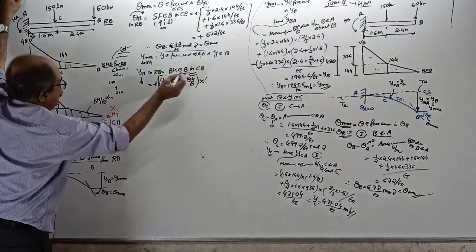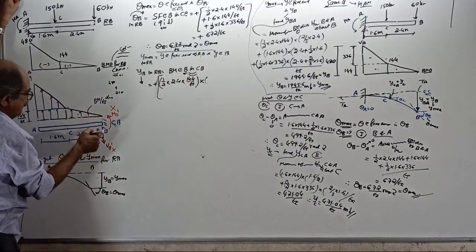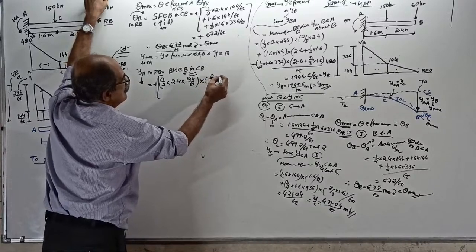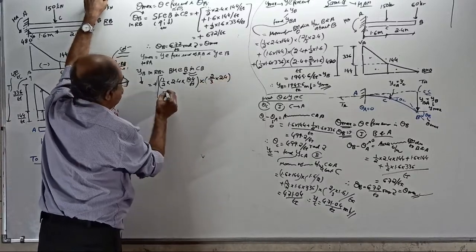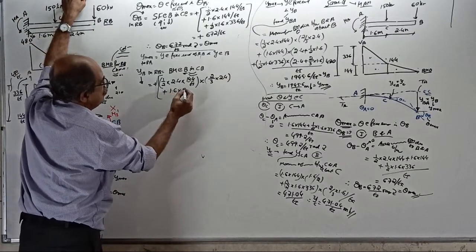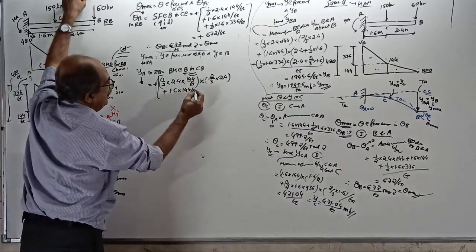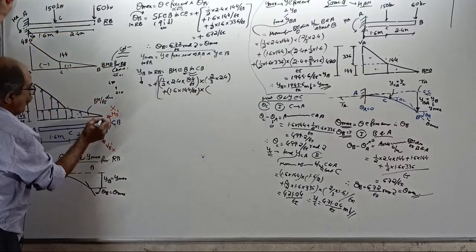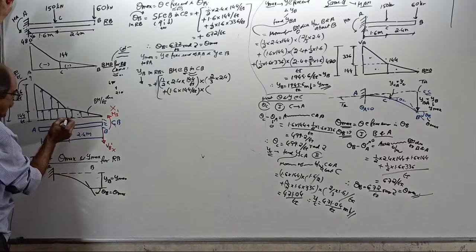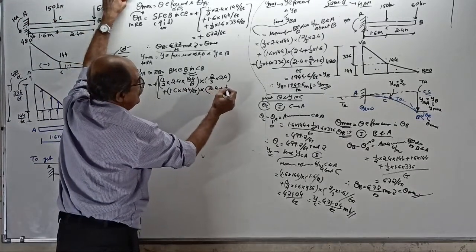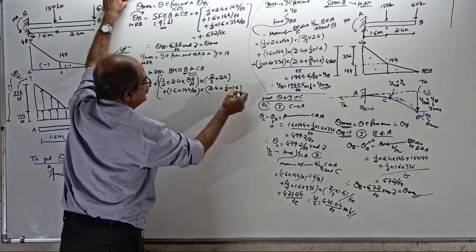See, BM at B from here to CG is 2/3 of 2.4, plus one rectangle. 1.6 into 144 by EI is the next area, that loading into moment about B: 2.4 plus half of 1.6.